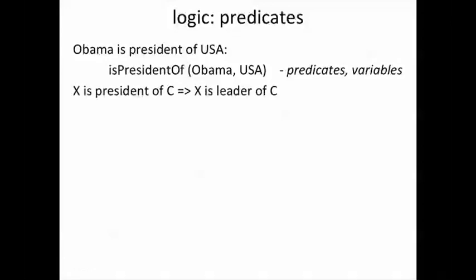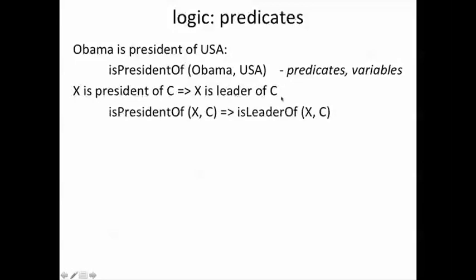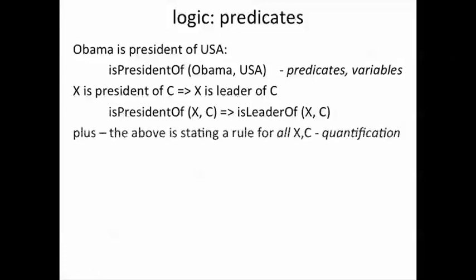Similarly, we might have a rule which says that if X is the president of C, then X is the leader of C, which could be stated as: if X is president of C, then X is leader of C. Now, unlike this particular statement on top, the statement about X and C applies for all values of X and C. So this rule is not a simple rule such as Obama is president of USA.